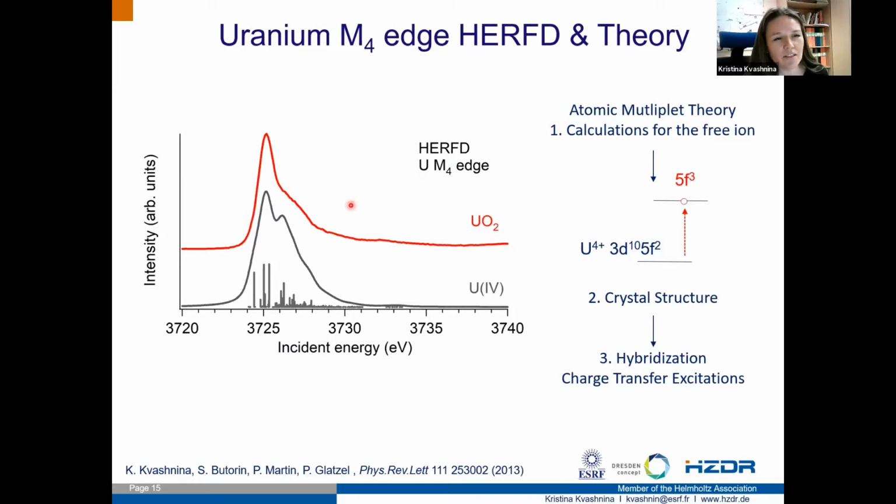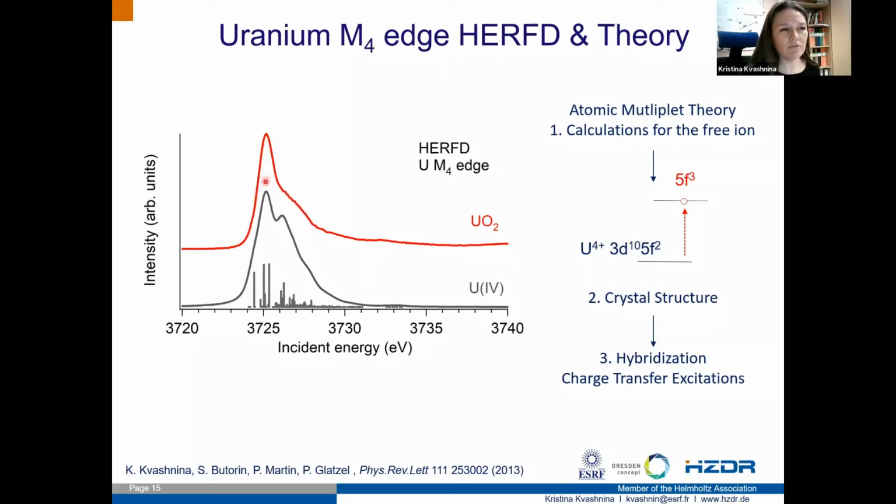So in our case, it's 3d10, 5f2. We put one electron up, so it becomes 3d9, 5f3. Already that kind of calculation will show the splitting of the absorption features. So only by this simple one step, you would already produce the main H transition and this shoulder.